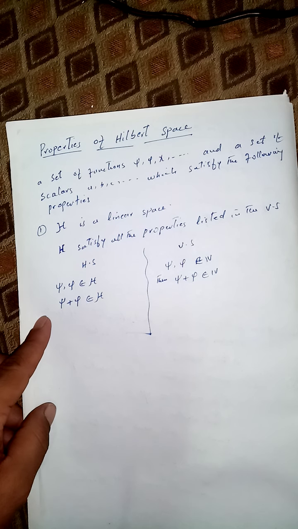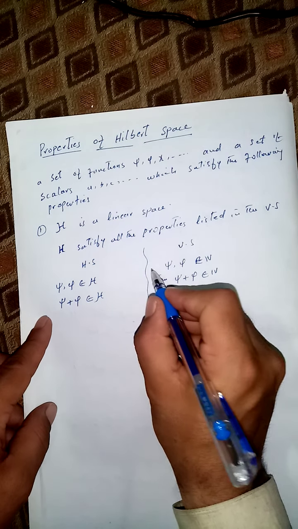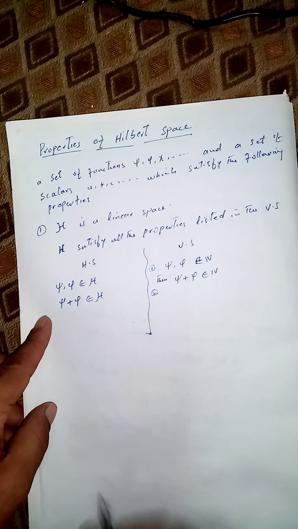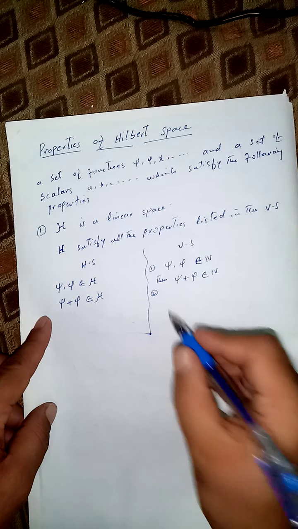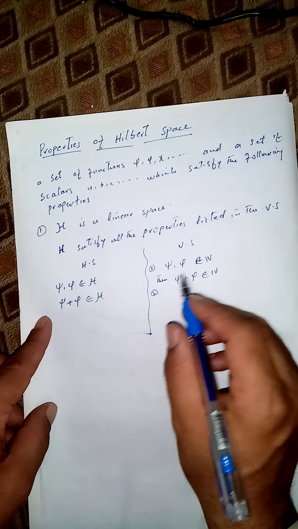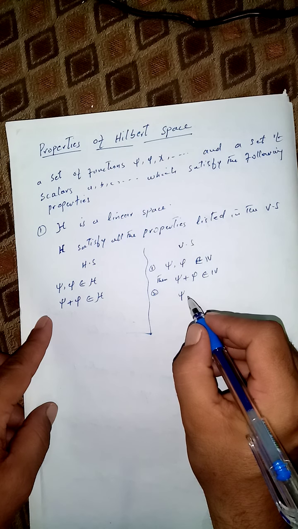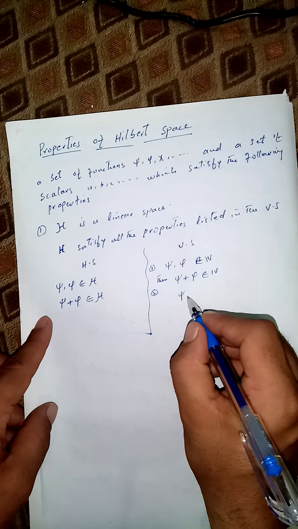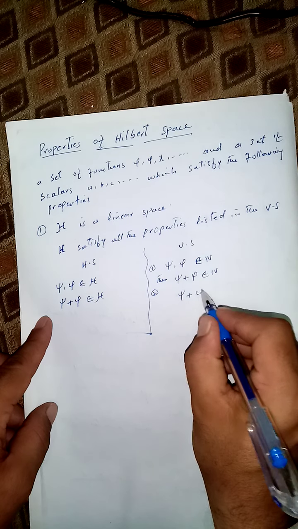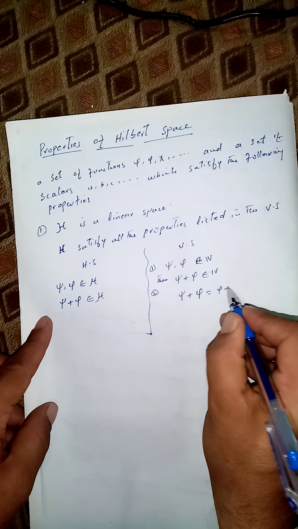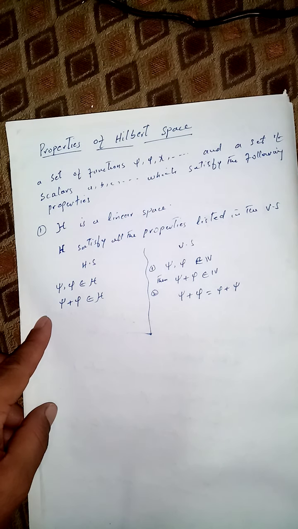The other property of vector space was the addition rules, that if we have two vectors psi and phi, then they obey the commutativity property such that psi plus phi is equal to phi plus psi.